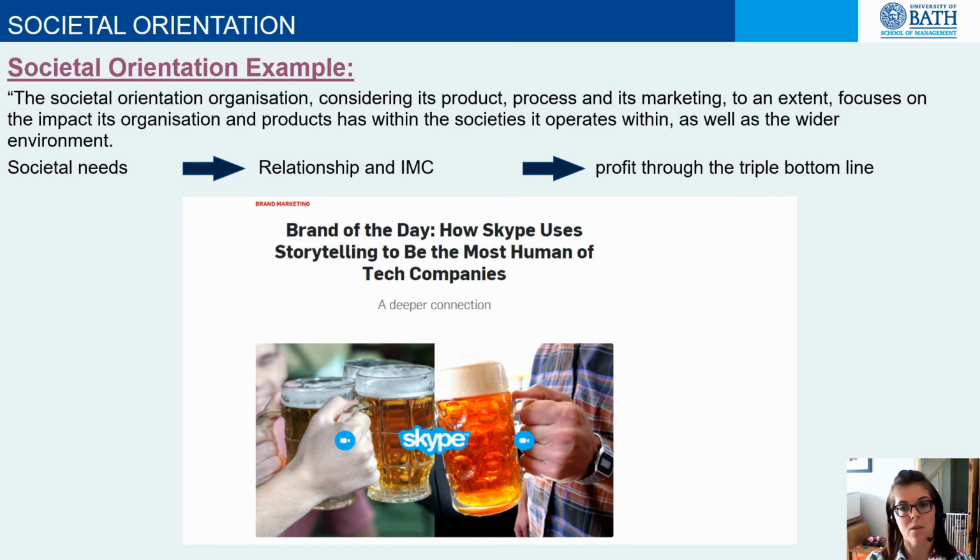The societally orientated organization considers its product, its process, and its marketing to an extent that focuses on the impact its organization and its product have on the societies it operates within, as well as the environment.